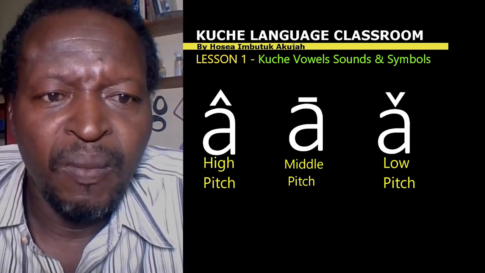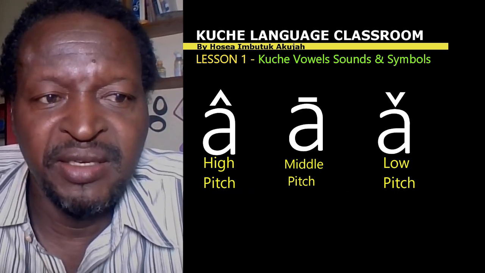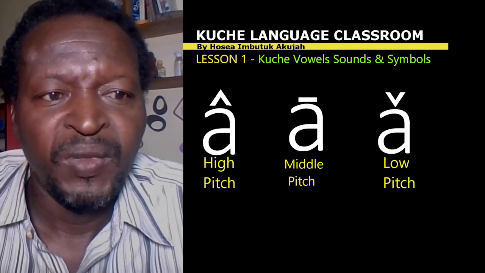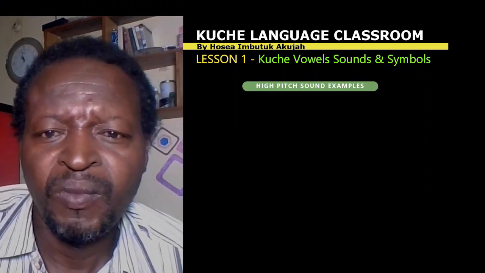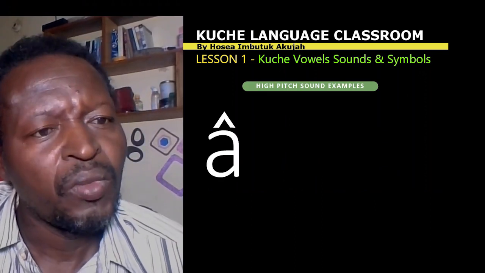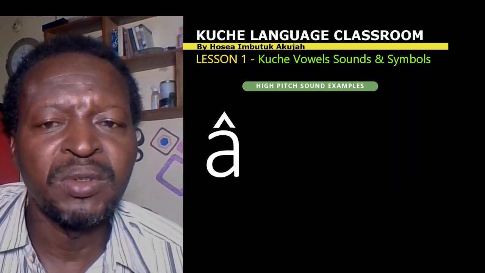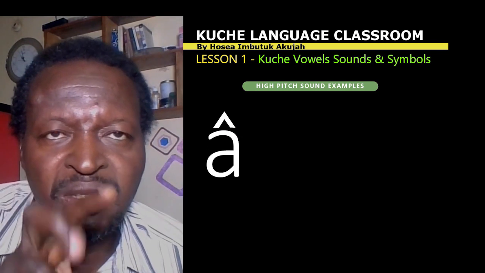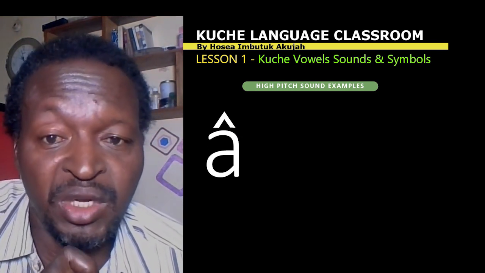So as I'm speaking, you can be looking at the signs as I deliver them. Now we are talking about these sounds, so let's begin to practicalize them. We said we represent the sound of the high pitch with a little arrowhead sitting on the vowels we are talking about.